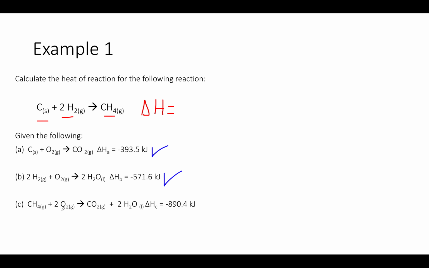Here we have methane plus 2 moles of oxygen gas gives us carbon dioxide and water. This is not good because methane should be on the product side, not the reactant side. So we're going to have to flip this reaction.